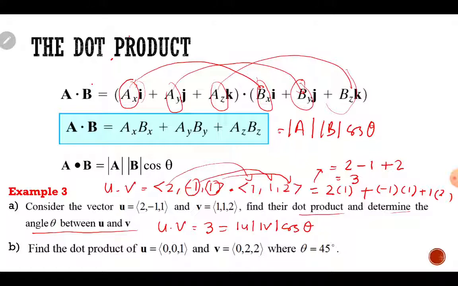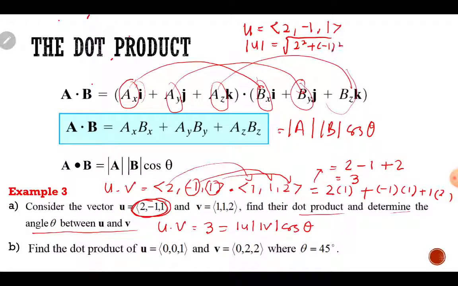Okay, so what is magnitude U? Magnitude U maknanya you have to find, we have vector U is equals to (2, -1, 1). So magnitude U akan sama dengan square root of 2 square tambah -1 square tambah 1 square. Kita telah belajar kan macam mana nak cari magnitude. So the answer here is equals to square root 6.